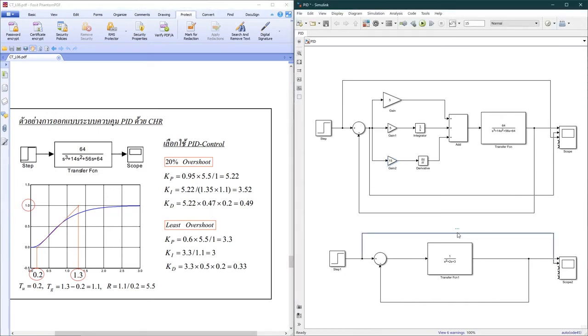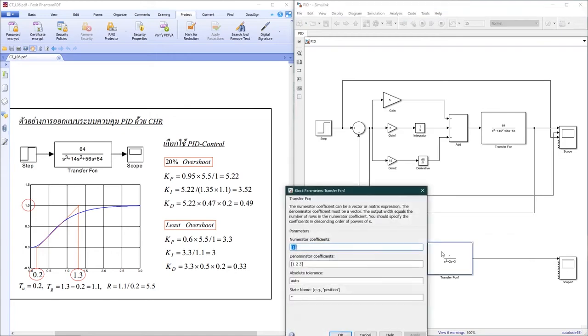First, see the simulation of 20% overshoot. I will connect the system as open loop, and then change the transfer function according to the variables on paper.